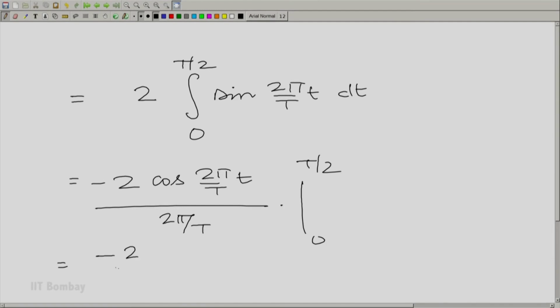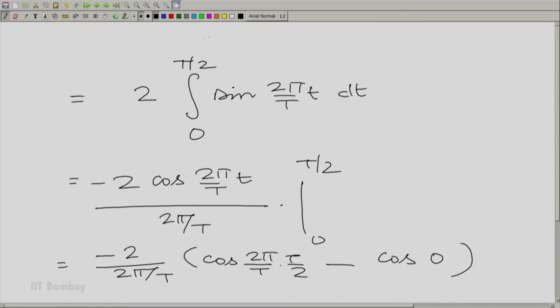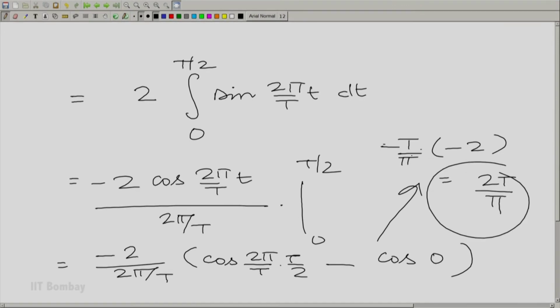That is minus 2 by 2 pi by T, of course cos 2 pi by T times T by 2 minus cos of 0, and that gives us minus T by pi times minus 2, that is easy to evaluate, and therefore that is minus 2T by pi. So, this is the component for k equal to 1.